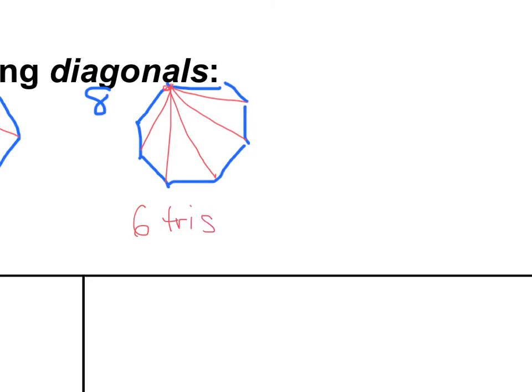In general, if we're dealing with n sides, then we are dealing with n minus 2 triangles, 2 less than the number of sides each time.